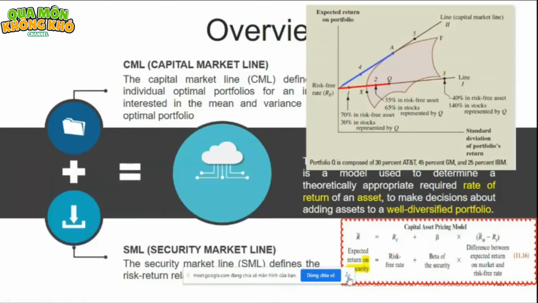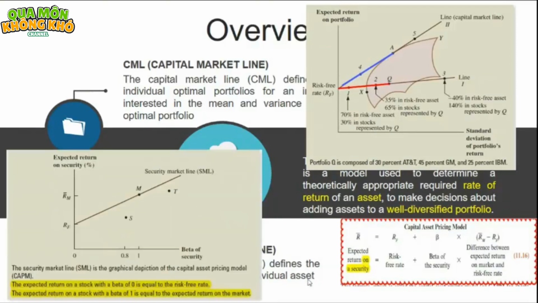The security market line defines the risk-return relation for each individual asset. This box can be represented graphically by the upward sloping line in this graph.